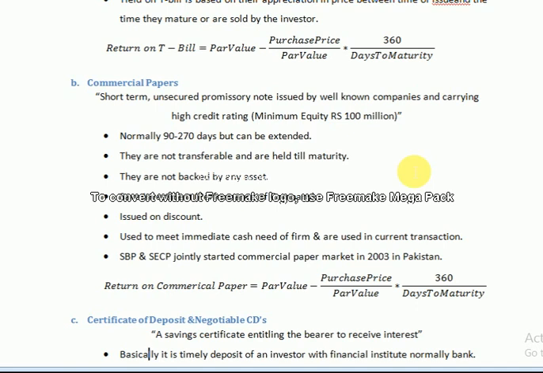They are offered with maturities of 28 days, 1 month, up to 3 months, 90 or 91 days, 6 months, 180 or 182 days, or 365 days, 1 year. They have different maturities.